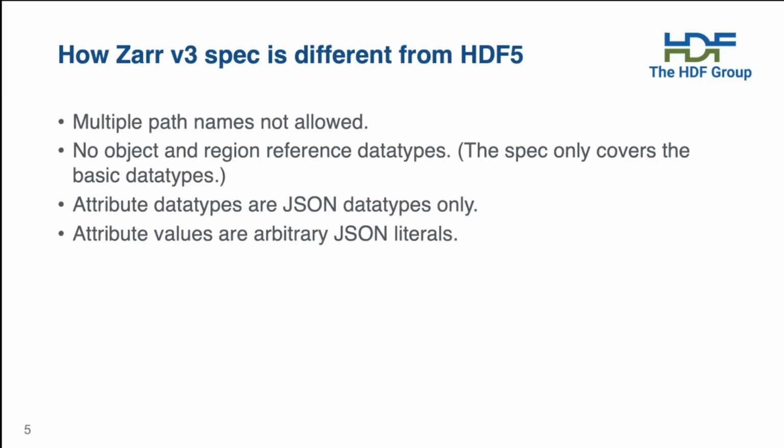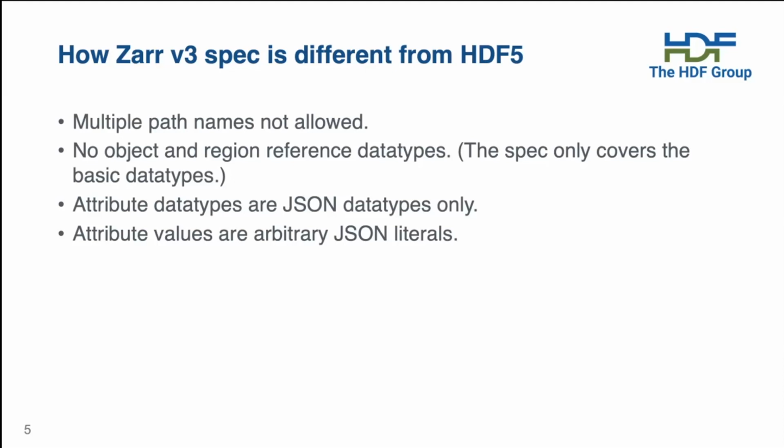As far as Zarr attributes and their data types, the situation is very fluid, or very relaxed. They don't worry about data types of Zarr attributes. They're essentially JSON data types. And so if your application can work with it, awesome. If it cannot, well, you try to cast it into the data type you need, and if it works, great. If not, well, see what you can do about it.